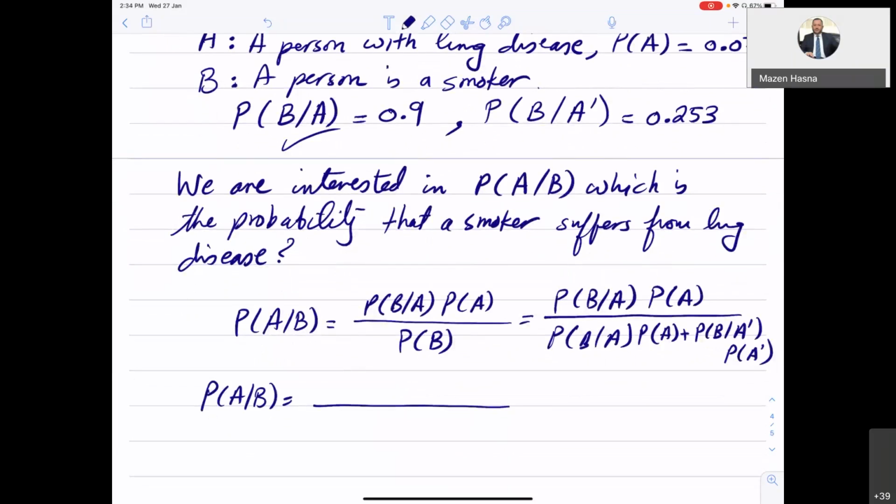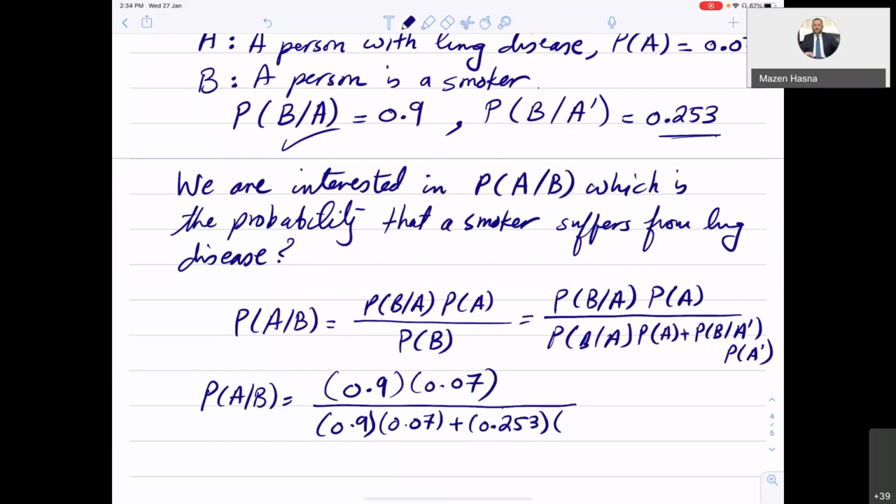So the probability of B given A, we know it's 0.9. The probability of A, we know it's 0.07. Then the probability of B given A is 0.9 times 0.07 plus the probability of B given A dash is 0.0253.